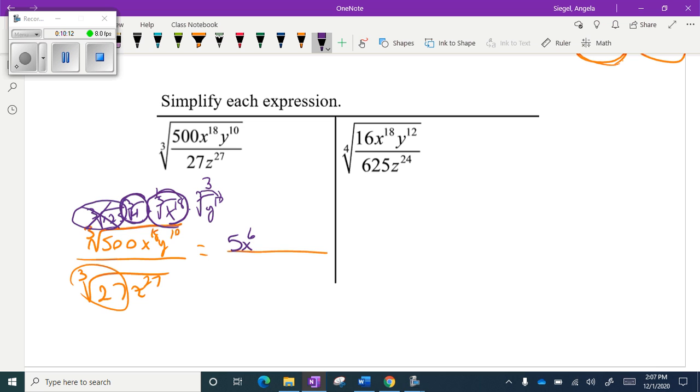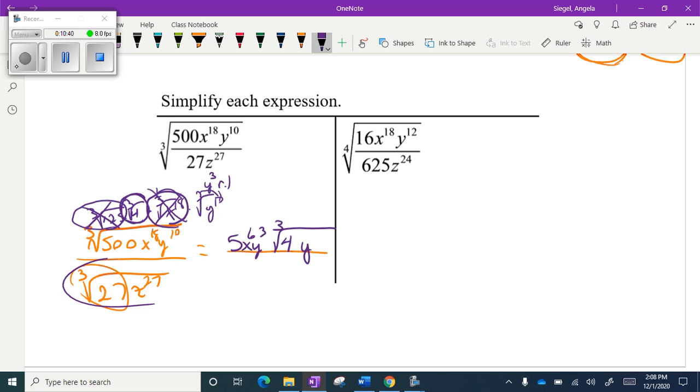So I'm going to have y to the 3rd power with a leftover of 1. So that's what's going to go on the inside. So I have y to the 3rd on the outside. So let's see. Let's take the cube root, and what do I have? I have a 4 on the inside. And what else? I have a y on the inside, and that's it.